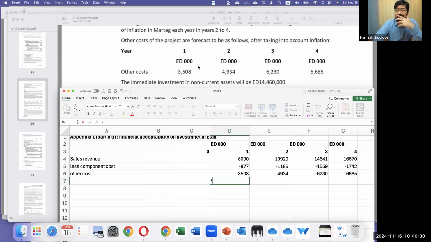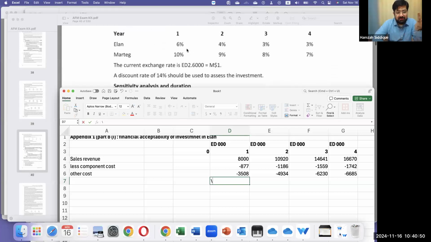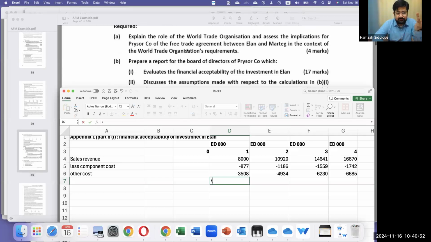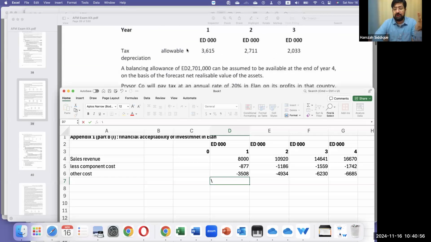Now, what is next? If you know the pro forma, we have to calculate taxable cash flows for a project. Sales minus costs. Yes, for the tax saving, we need tax allowable depreciation. And our luck is they have given it already calculated, which is quite rare.